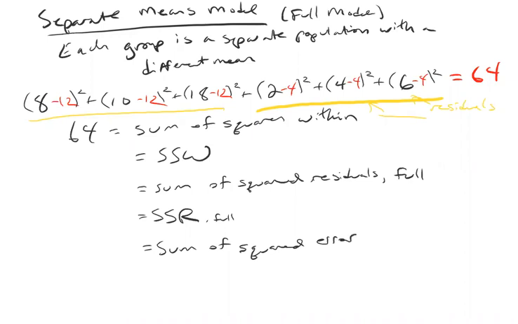The word error is often used in place of residuals. I don't really like it because these aren't mistakes. It's just a fact that there is random variation between data points. It would be a strange data set if within every group all the values were exactly the same as each other. So error is another word sometimes used for residuals, but this term is often called the sum of squared errors.